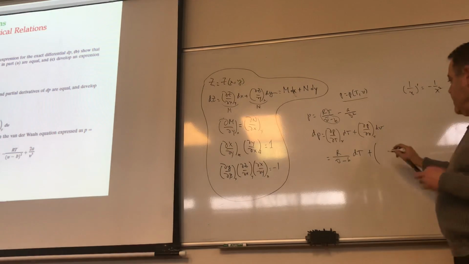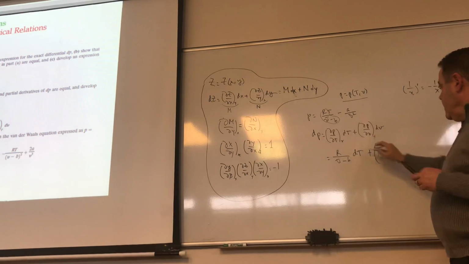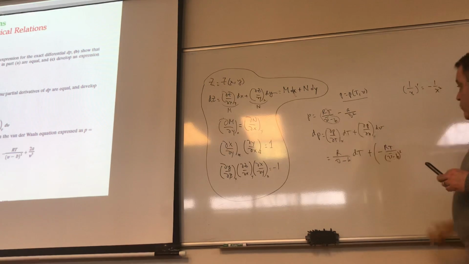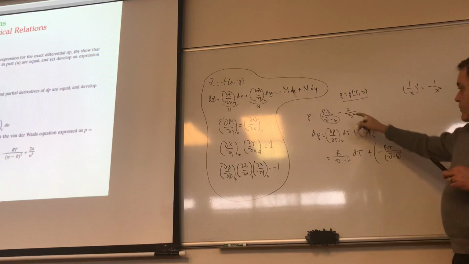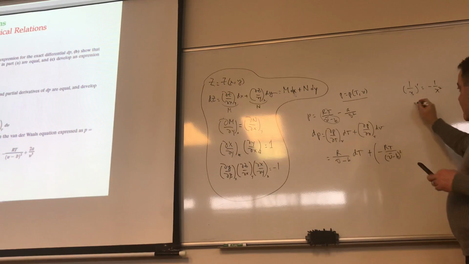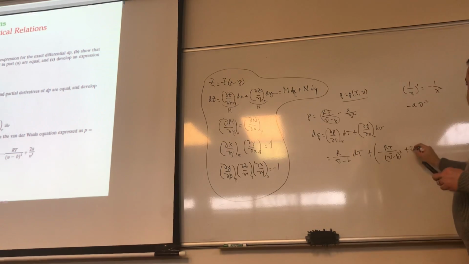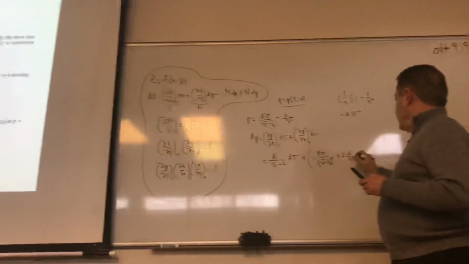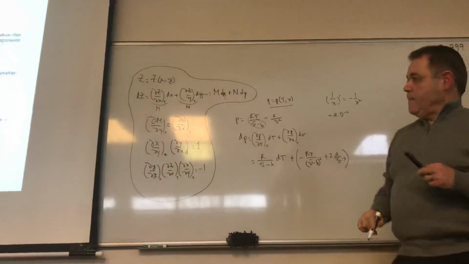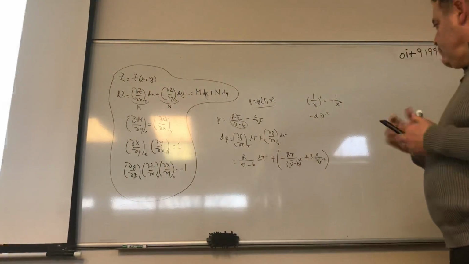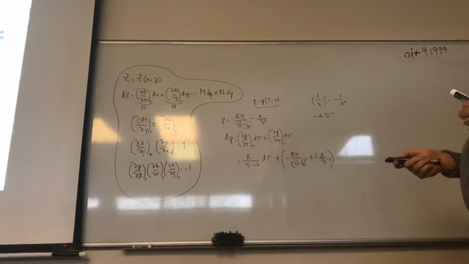So this is going to be more like minus RT over V minus B squared, for that term. And then the other term is almost like V bar to the minus 2, and if I take the derivative of this, it would be plus 2a V bar to the minus 3, something like this, which I think is what you have there.